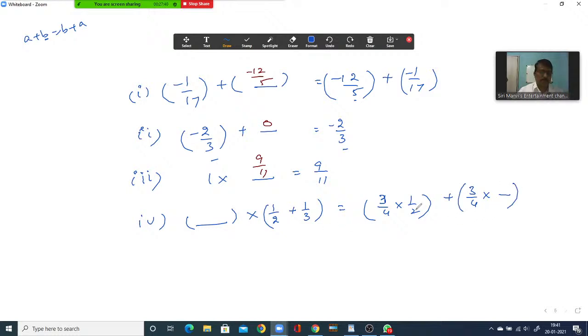You can fill these two dashes. So as the distributive law already says, if a, b, c are rational numbers, then a into b plus c is equal to ab plus ac. AB plus AC. That's it.